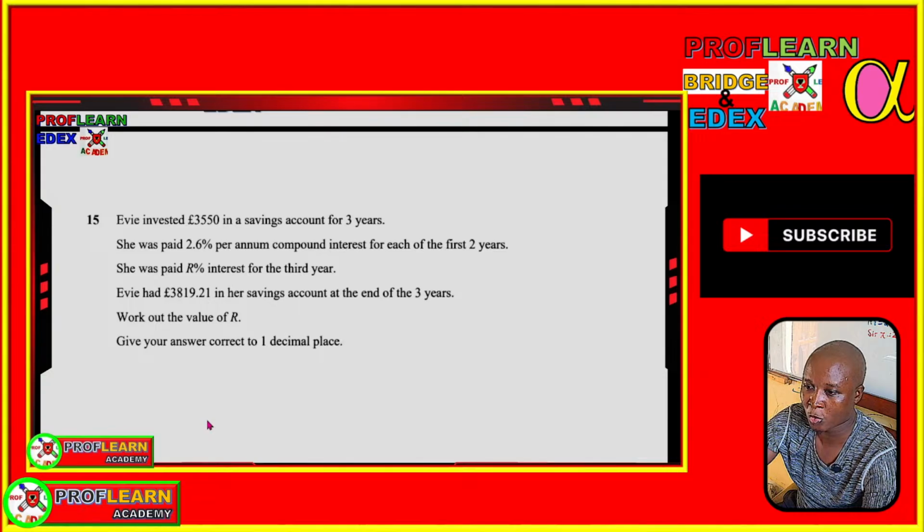She was paid 2.6% per annum compound interest for the first 2 years, and then she was paid R% interest in the third year. So we can now work this out and find the value of R in this particular question.